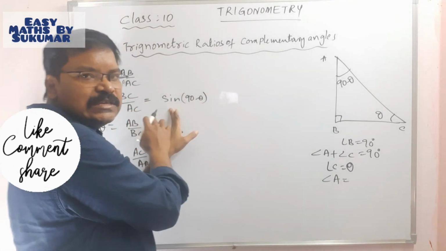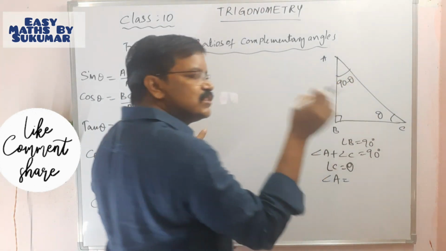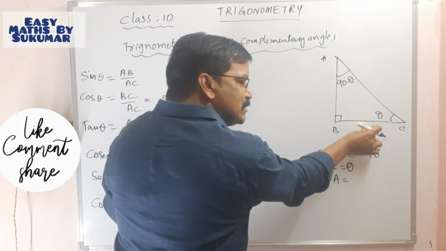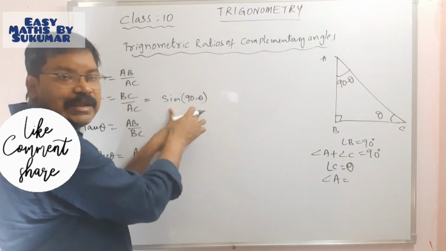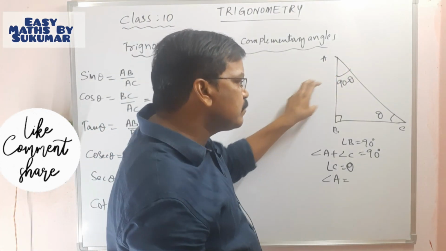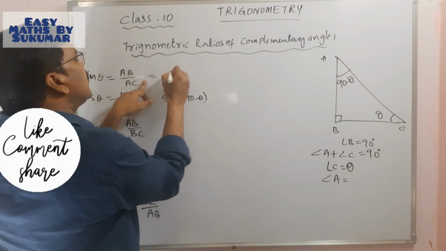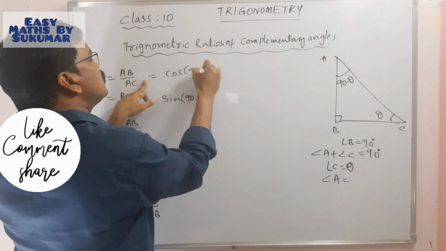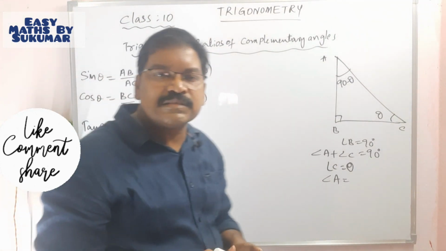So BC by AC, taking 90 minus theta as an acute angle, is equal to sin 90 minus theta. Adjacent side by hypotenuse, that means AB by AC, is cos 90 minus theta.